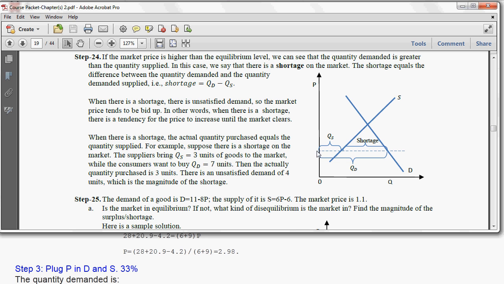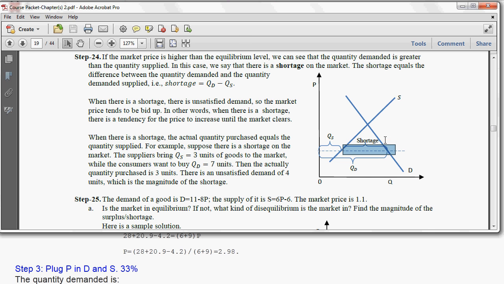And when the price is low, firms don't want to sell much. Therefore, we see a gap between the quantity demanded and the quantity supplied. That's the gap, and that's the shortage. So, if there's a shortage, then you should think about a picture like this. The market price is lower than the equilibrium price.